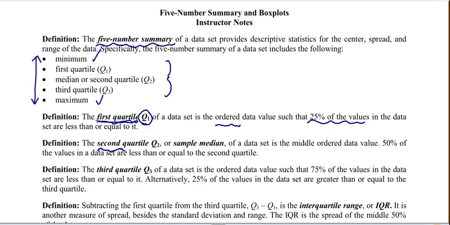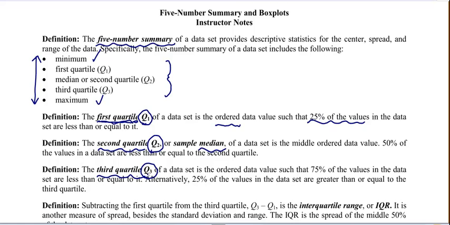The second quartile, Q2, most people have heard called the median instead of Q2. It's that middle ordered data value such that 50% of the data values are less than or equal to it and 50% greater than or equal to it. And then along the same lines, we have the third quartile, Q3, and you can probably guess what I'm going to say.